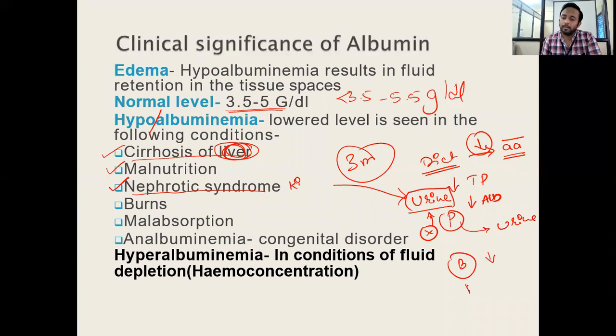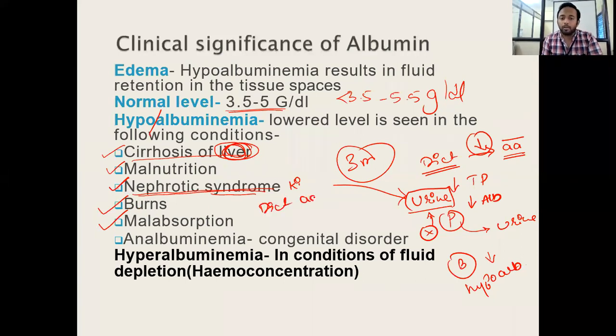So it causes hypoalbuminemia, a decrease in the blood level because of loss of proteins in the urine in a condition called nephrotic syndrome. Next, burns. Like, there is a burn patient, so because of the loss, they'll have a decrease in albumin, and also because of the sudden shock, the liver will not be able to produce a sufficient amount of protein. Malabsorption.